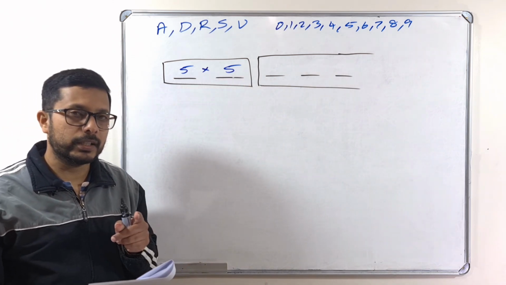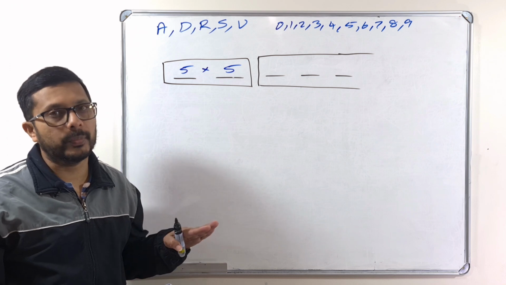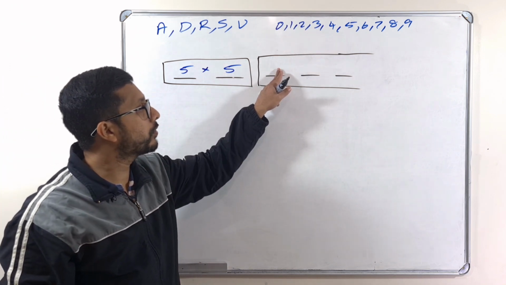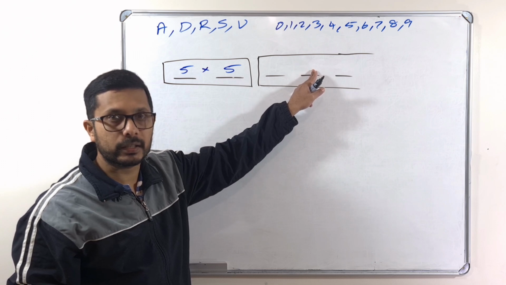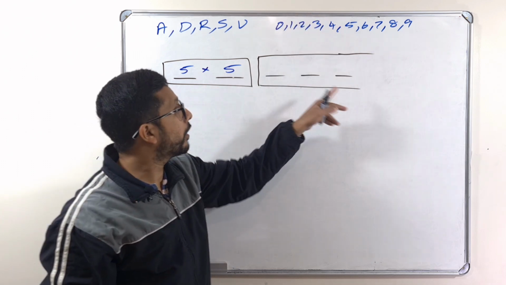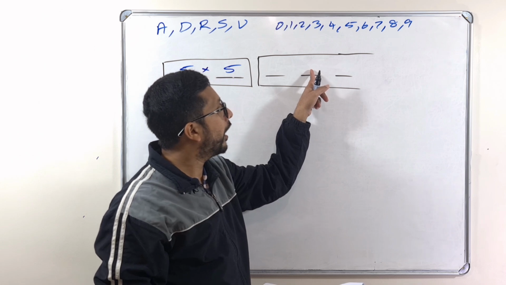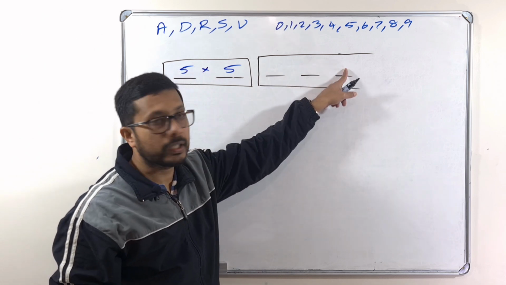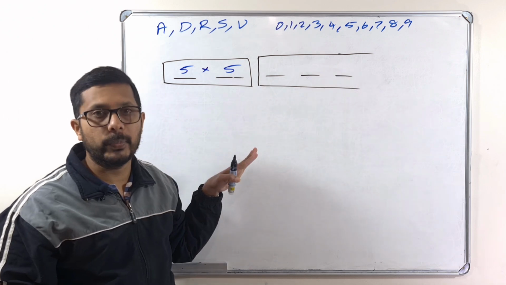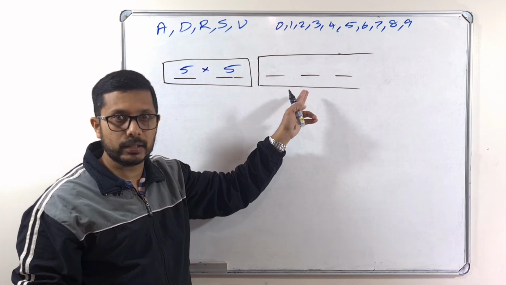But there is a condition: it can't be repeated. If I write 3 here, I am not allowed to write 3 again here. That 3 is out. If I write 7 here, I am not allowed to write 7 here or here. Do you understand? It is not allowed to repeat in the case of digits.